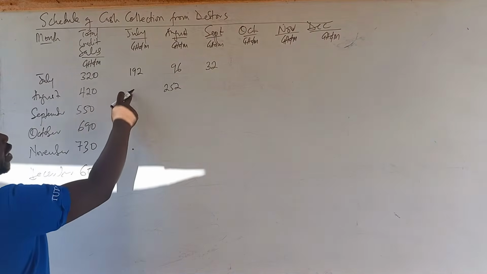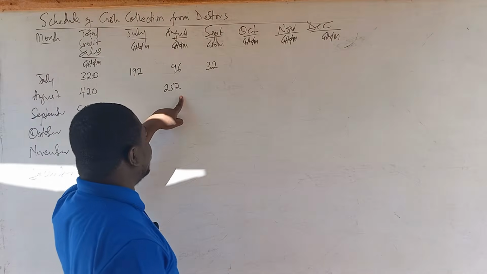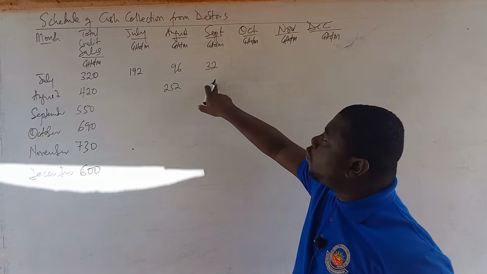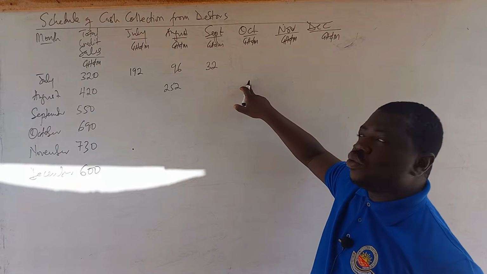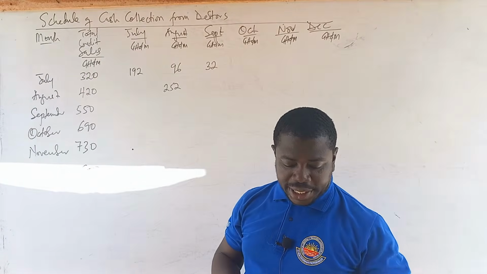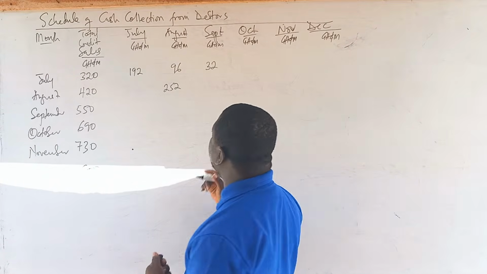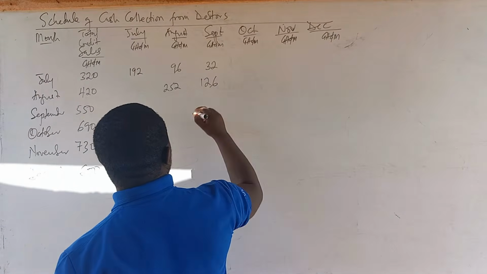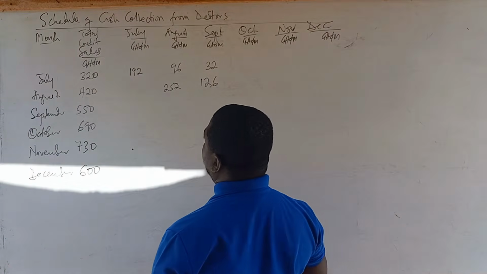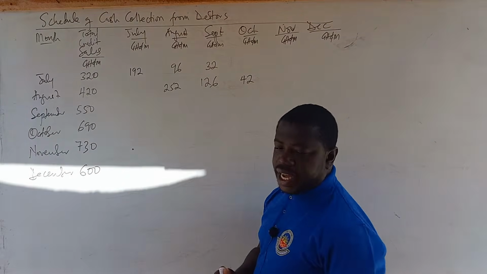There will be no collections in July for that because it is for August. Please take note. Then 30% will move to September and the 10% to October, so it will be shifting in that order. According to the question, 30% of 420 will be 126, so we put that under September. Then 10% is going to be 42. So we are done with August as well.